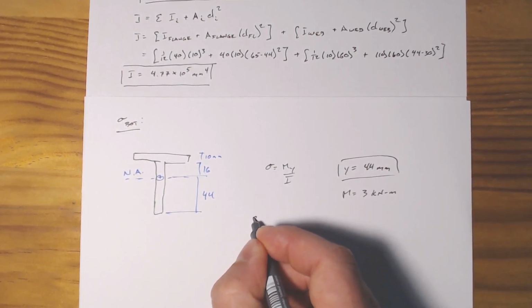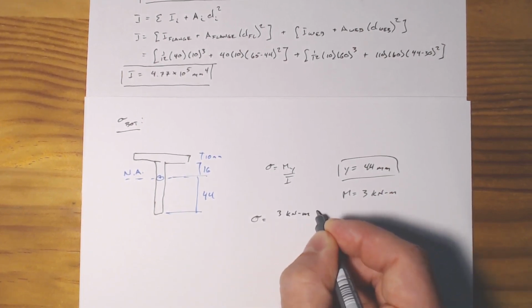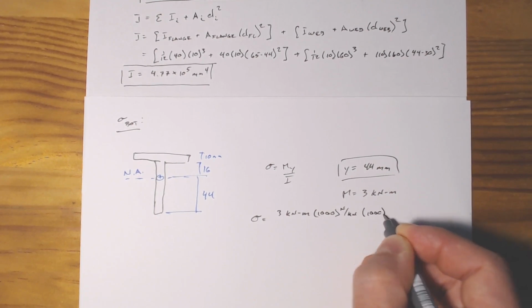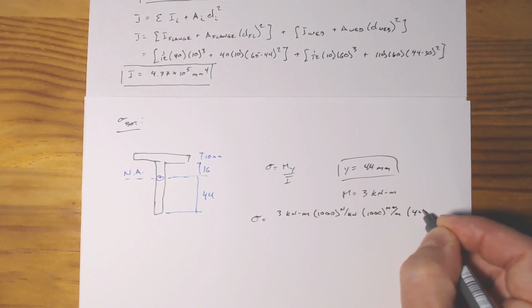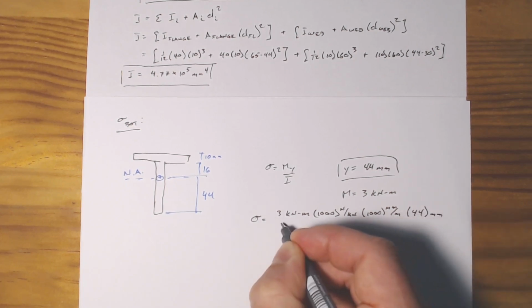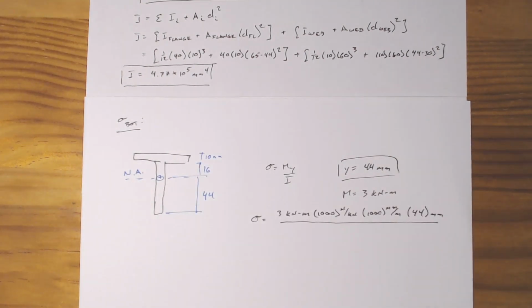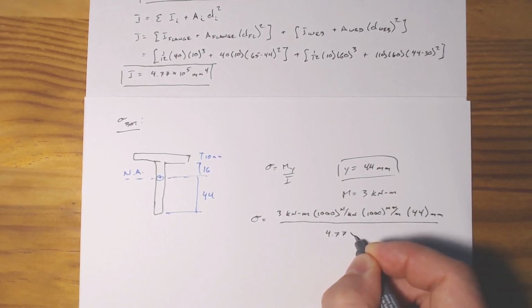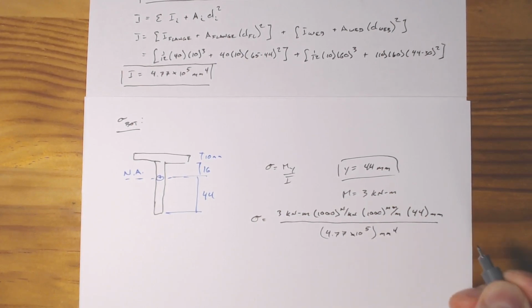So our stress is going to equal 3 kilonewton meters times 1,000 newtons per kilonewton times 1,000 millimeters per meter times 44 millimeters, and then I is 4.77 times 10 to the fifth millimeters to the fourth.